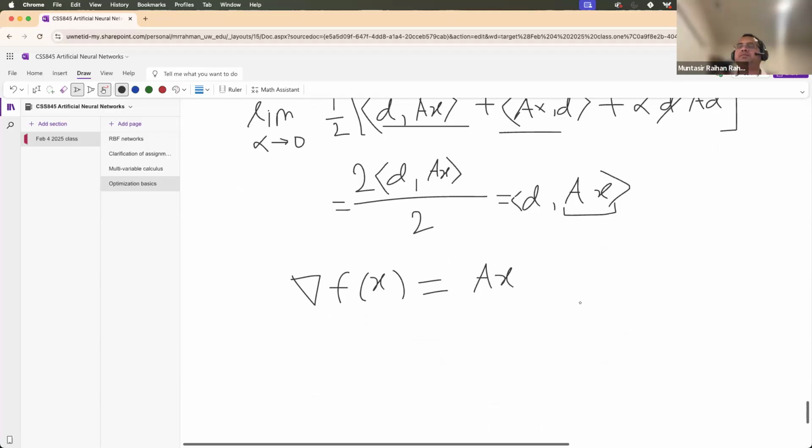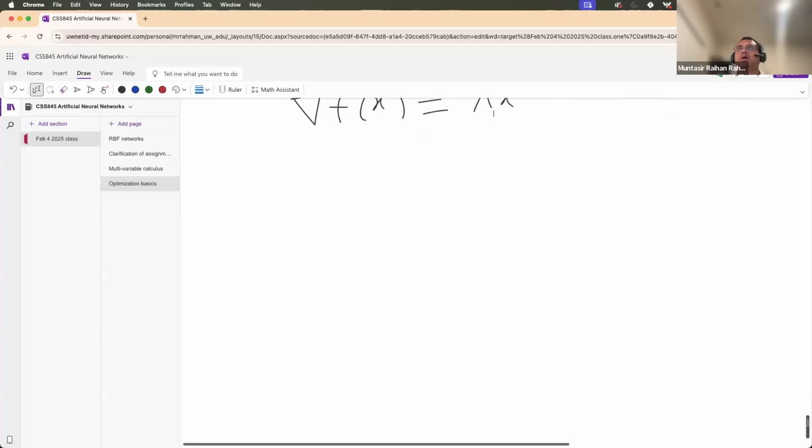All right. Okay. Now, let's talk about function minimization.